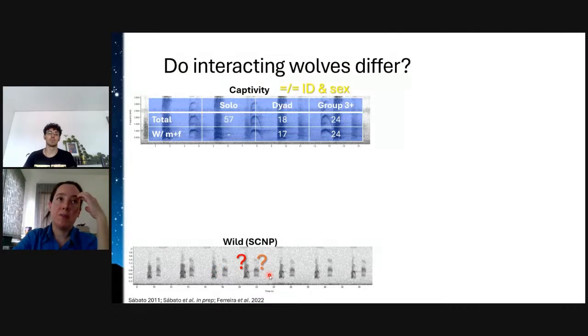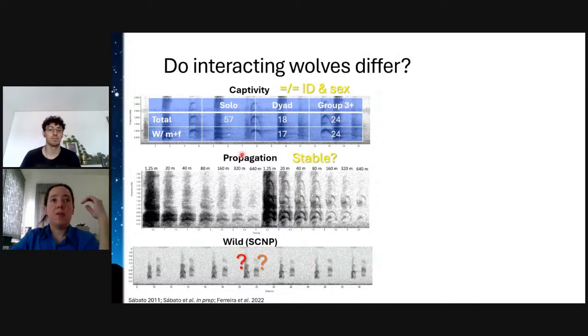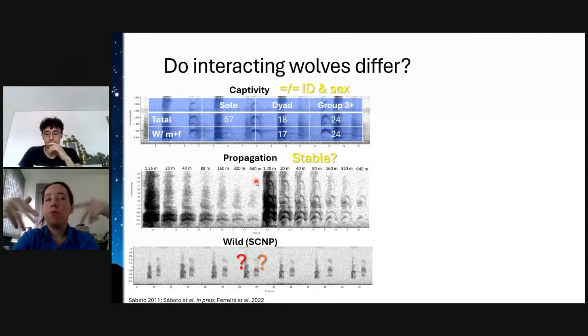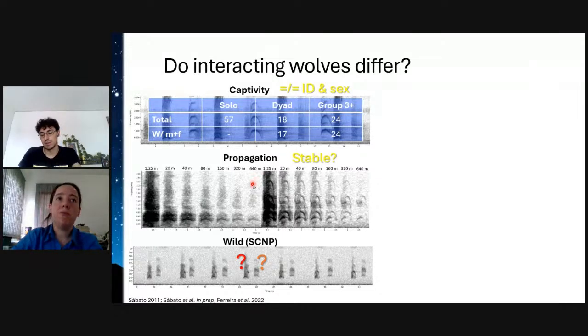Well, first we needed to use the propagation data to see if the acoustic parameters that are used to discriminate identity and sex are stable through distance, because otherwise we could find that the interacting maned wolves differ, but maybe it was just a matter of the distance to the recorder, if the acoustic parameters were not stable.